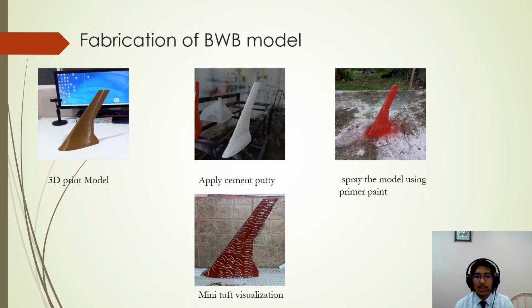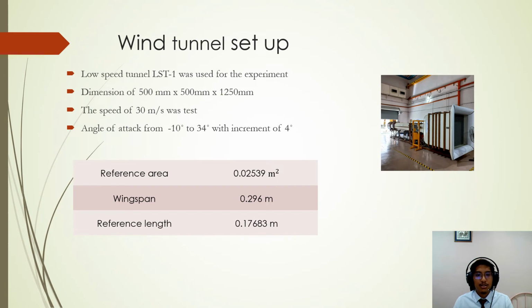As we can see, the mini tuft was cut into 20 millimeter lengths, and it was stuck to the body of the blended wing body with a distance of 10 millimeter. The purpose of the mini tuft visualization is to observe the flow pattern of the blended wing body at every angle of attack.